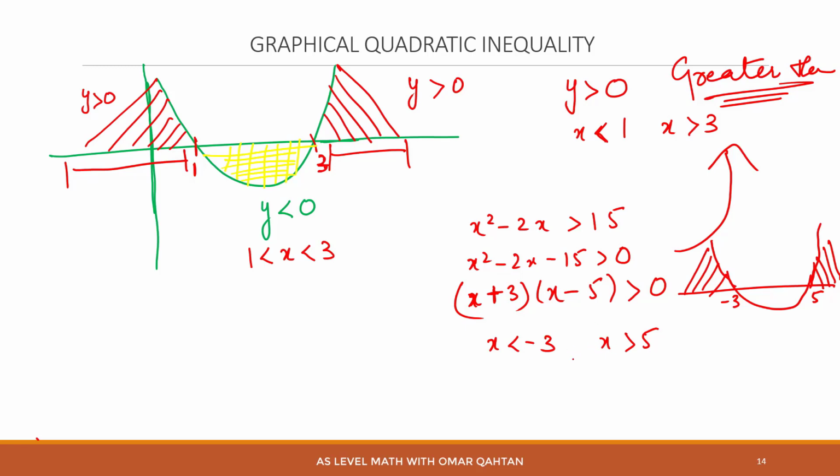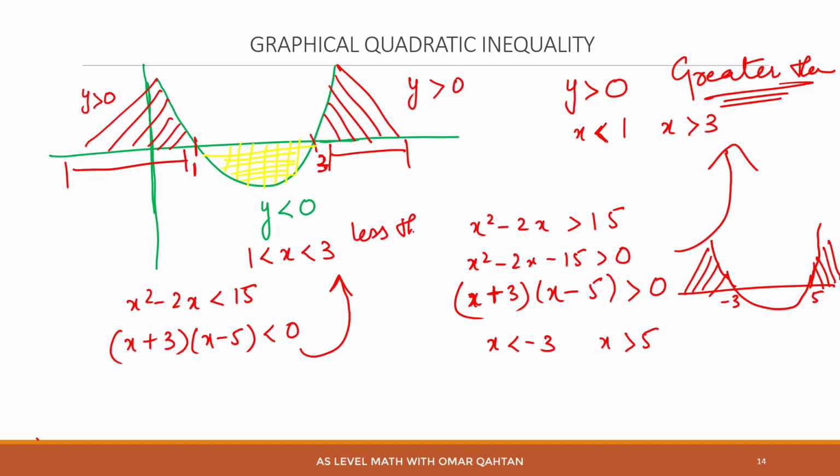What if this question is given somewhat like this: x squared minus 2x less than 15? So how are you going to do it? Again, same thing we are going to do here: (x plus 3)(x minus 5) less than 0. Now this is the less than case.